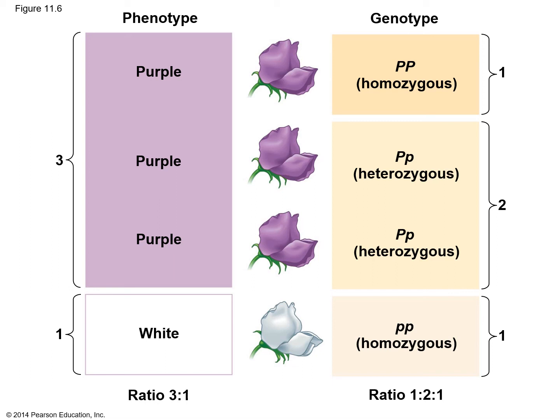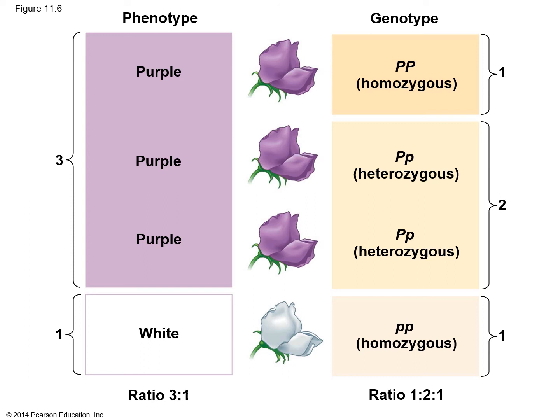So in Mendel's F2 generation, we saw a 3-to-1 phenotypic ratio. 3/4 of the offspring would have the dominant purple phenotype. 1/4 we would expect to have the recessive white phenotype.